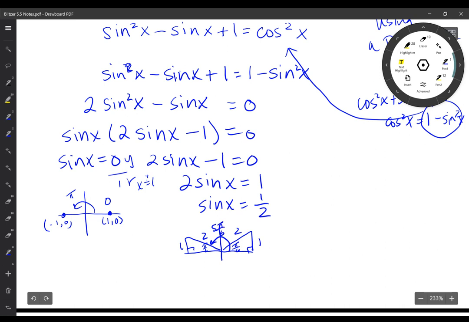So we have that x could equal 0. We have pi over 6 from this triangle right here, from that angle. And then we have 5 pi over 6, and then pi. So 4 answers on this one.